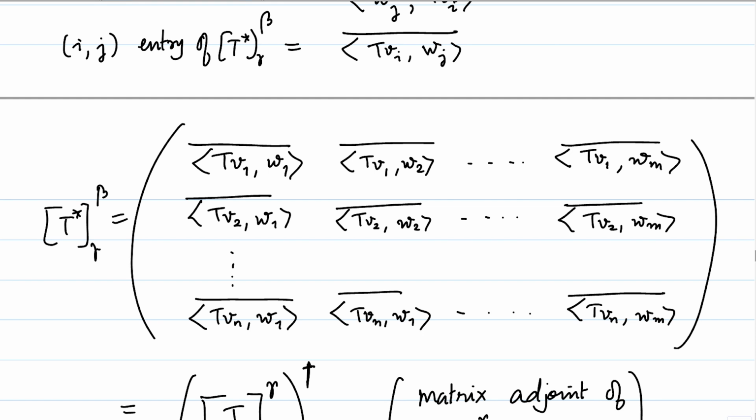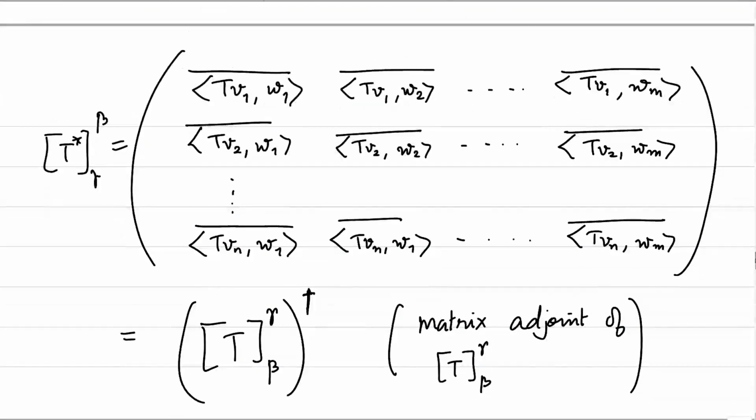So note again the similarity of our notion of T star to that of taking conjugates of a complex number. If T is a map from C to C, the conjugate transpose will just turn out to be the conjugate.